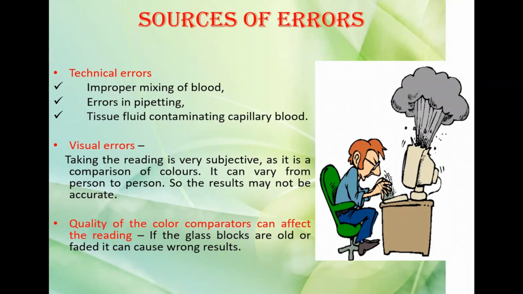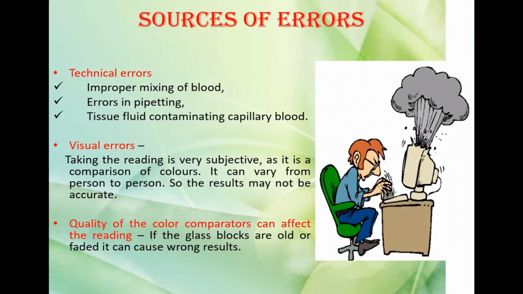But when we are comparing the colors, the comparison will vary from one person to another because of what we call eye variations, vision variations. So the results may not be accurate.